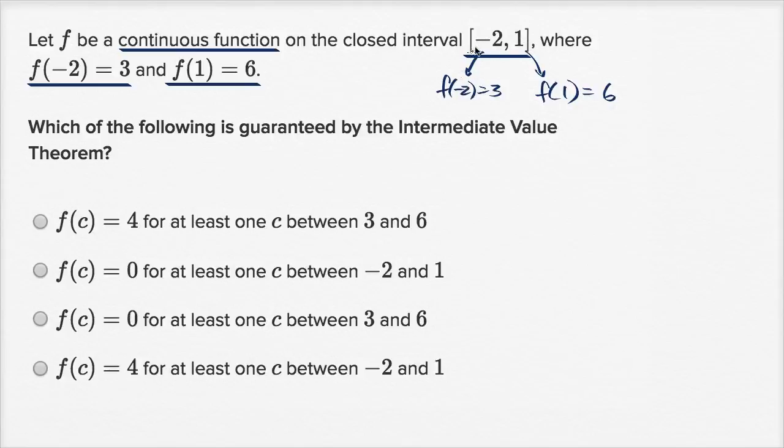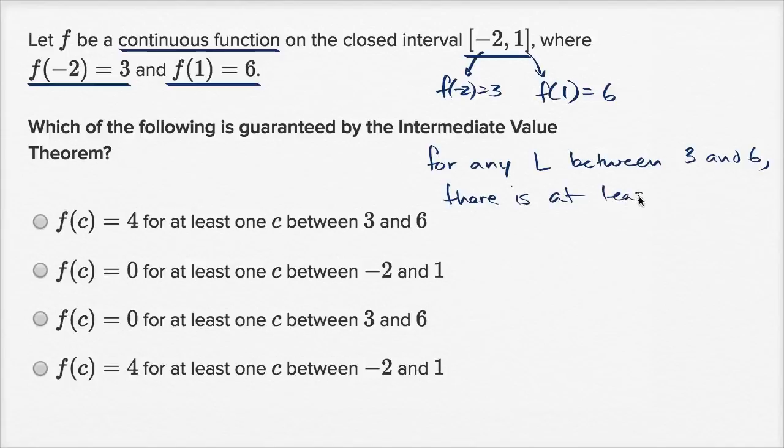Or another way to say it is, for any L between 3 and 6, there is at least one c in the closed interval from -2 to 1, such that f of c is equal to L.